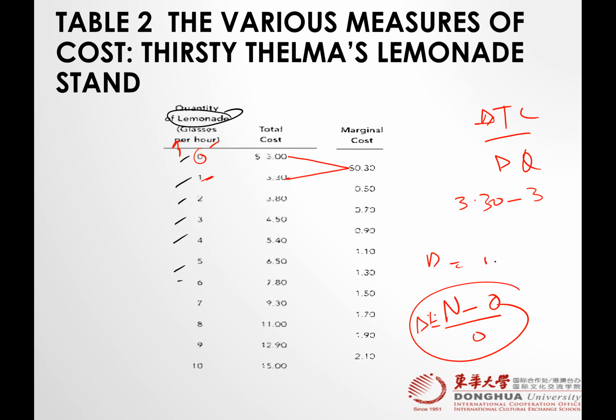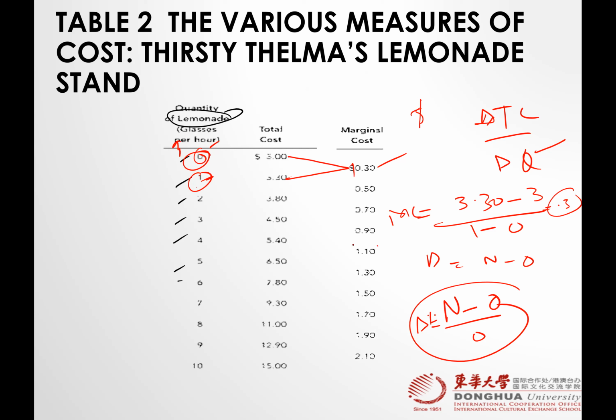Change is new minus old. Change in quantity means we have 1 new quantity minus old quantity. So the answer is 0.3 dollars. That is a dollar sign, okay? Not 5, that is dollar.